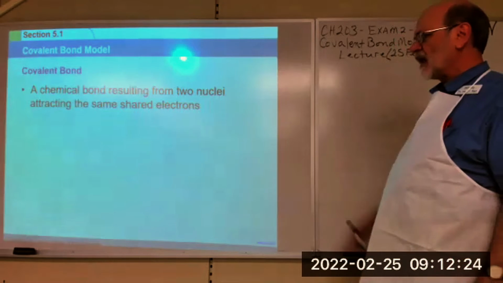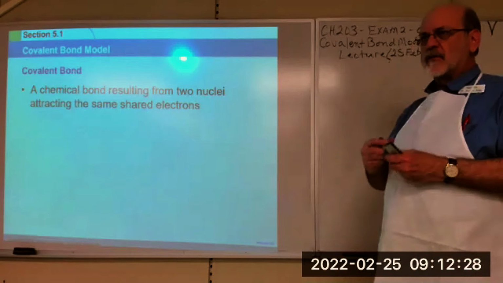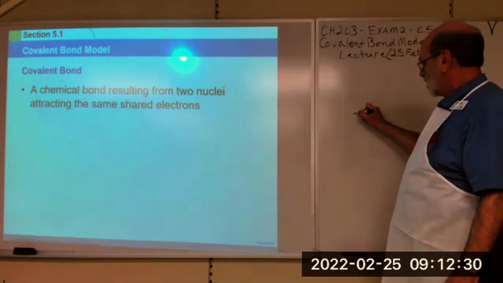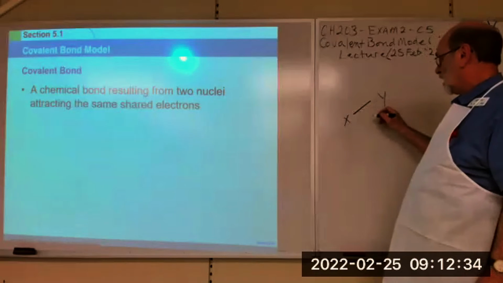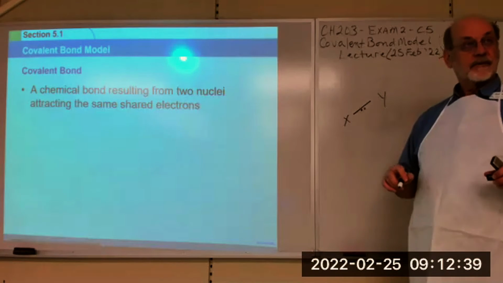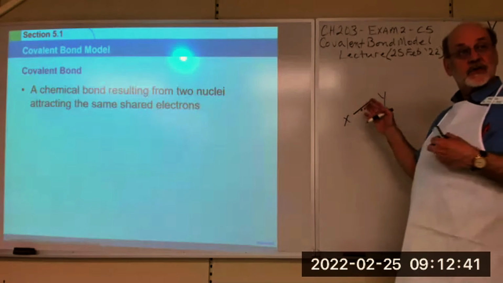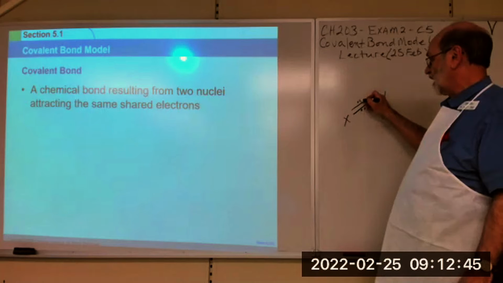Okay. I mentioned covalent bond is the sharing of electrons. That's true. Whenever we write one line like this between two atoms, that represents two electrons. If we have another bond between those two atoms, which can occur, a double bond, that's two more electrons.